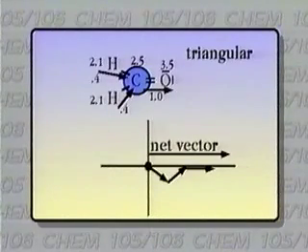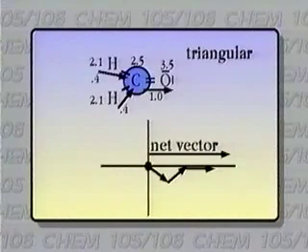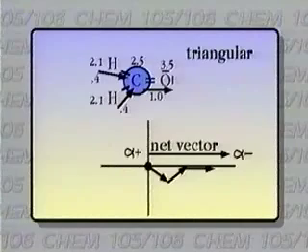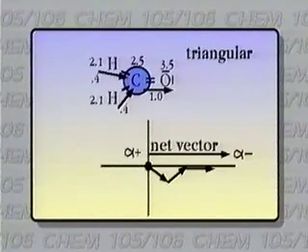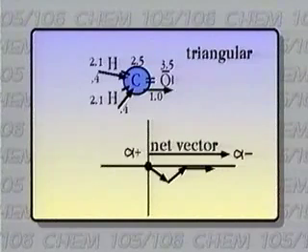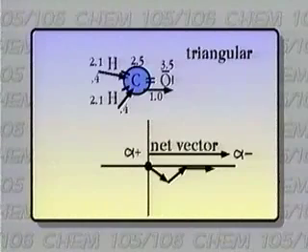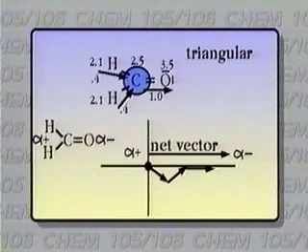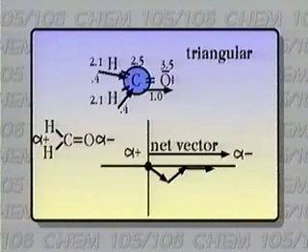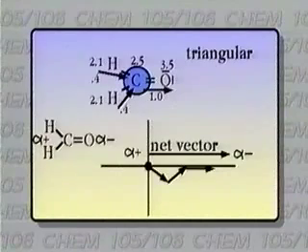So is this molecule polar? Quite definitely so. This end is the negative end, this end is the positive end. The point of the arrow is always the end where the electrons are moving to. And so if we were to go back up here and redraw this quickly, we would say this side is partially positive and this side is partially negative, and formaldehyde is a polar molecule.